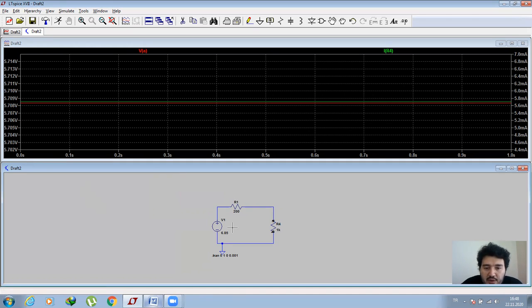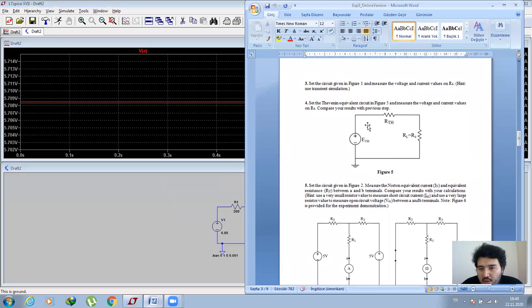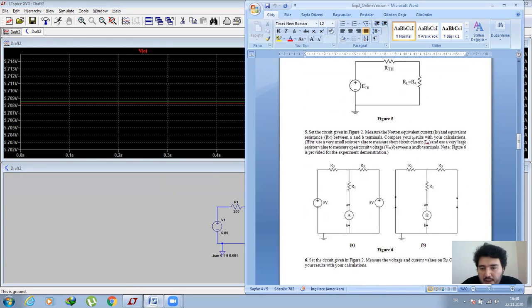This is the Thevenin circuit. It creates the same results because this is the equivalent circuit of figure 1 in the experiment sheet. So that's all about the Thevenin circuit. We created this circuit and we obtained nearly the same results.